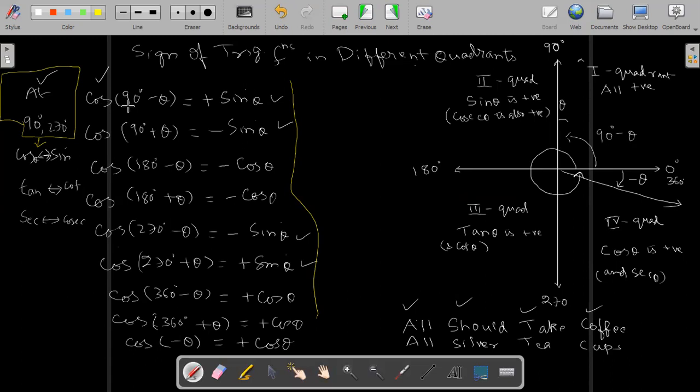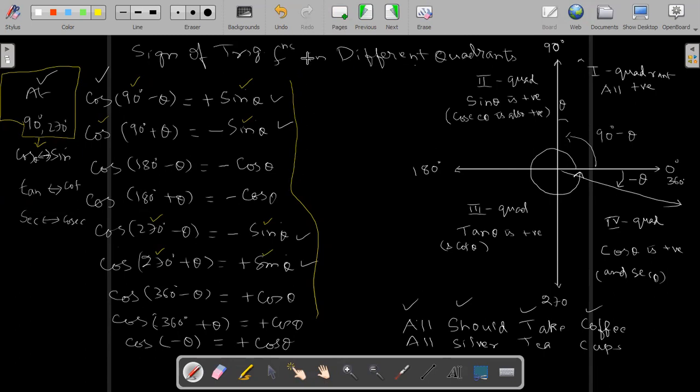You can see here cos is changed to sine theta because of this 90 degrees. And at 270 degrees, cos changes to sine. At any other value, cos will remain cos; it is not changing.